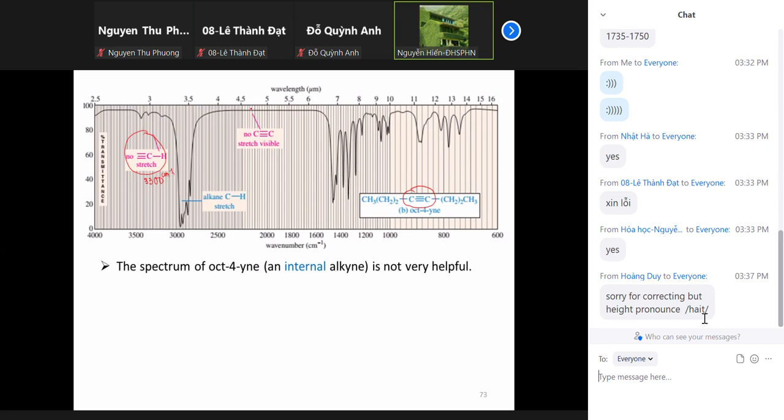And also in the range of about 2,100, you don't see signals, or a very weak signal, for the CC triple bond because this structure is also symmetrical.